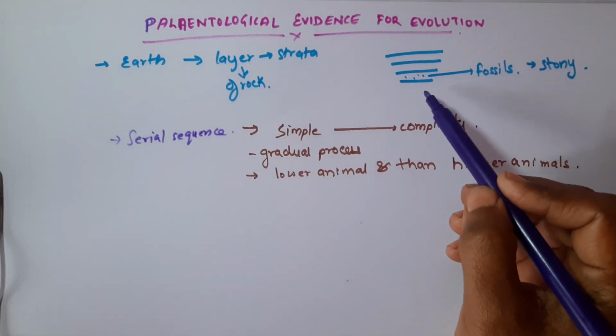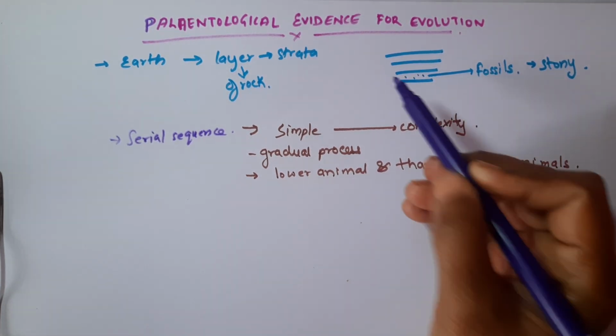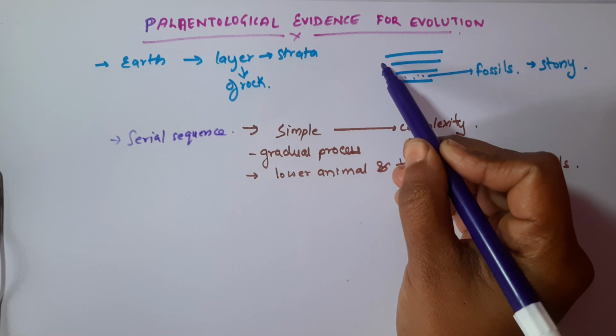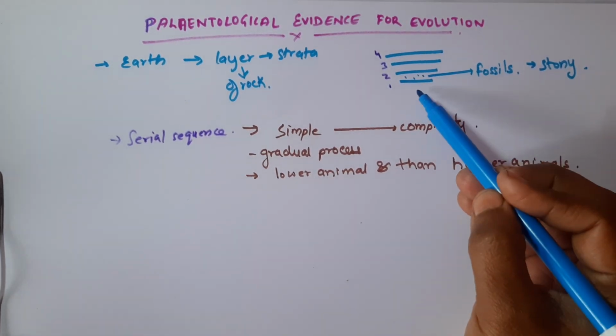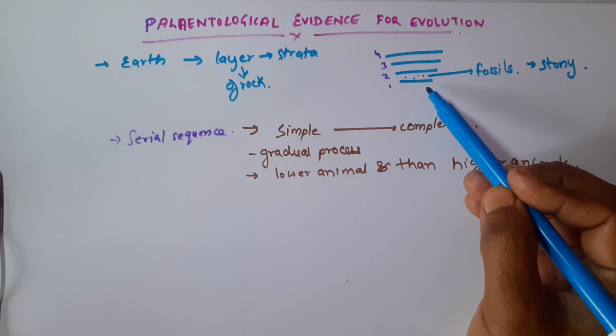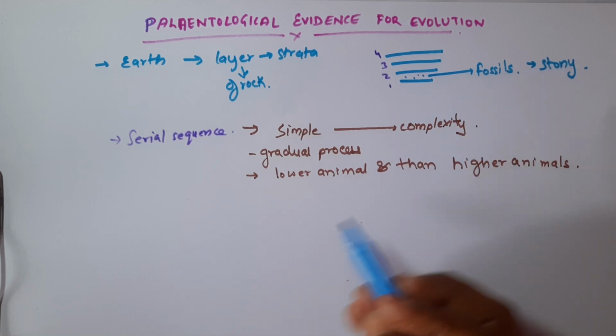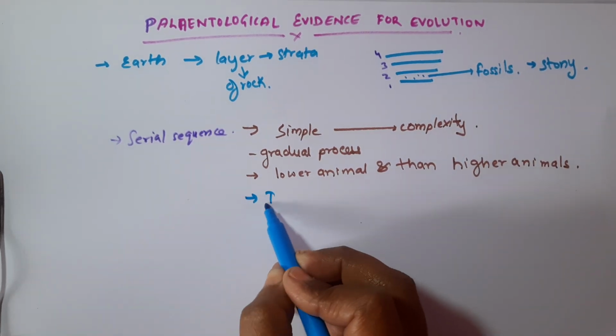If you want to understand clearly, suppose this is the first layer, this is the second layer, the third layer, and the fourth layer. In the innermost layer, they found the fossils of invertebrates.